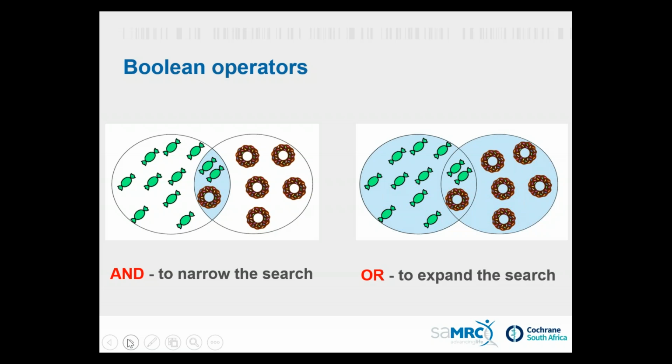So the word sweets could appear on its own, donuts on its own, or both donuts and sweets would appear in the articles. And a good way to remember which Boolean operator to use is, the way I do it is, OR gives me more. So if I use OR, I'm going to retrieve a lot more articles.